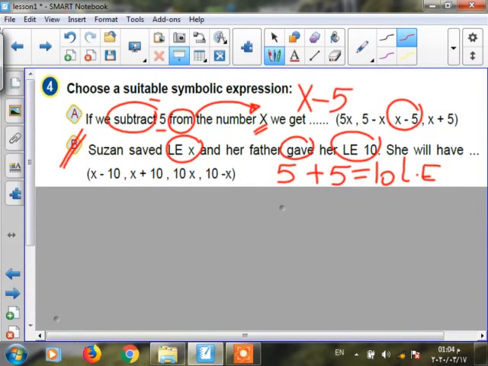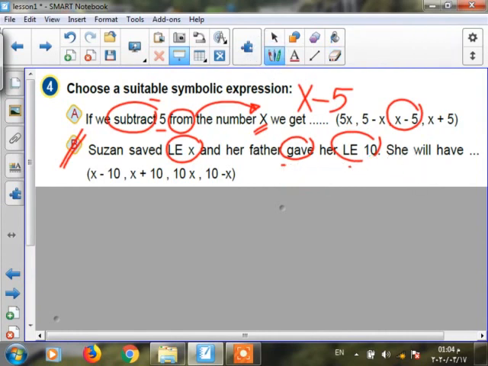Now I don't know the money with Suzanne; she has x. Her father gave her 10, so it will be plus 10. The total money will be x plus 10. It will not be x minus 10, because the money will increase, not decrease. So the result will be x plus 10, not minus.